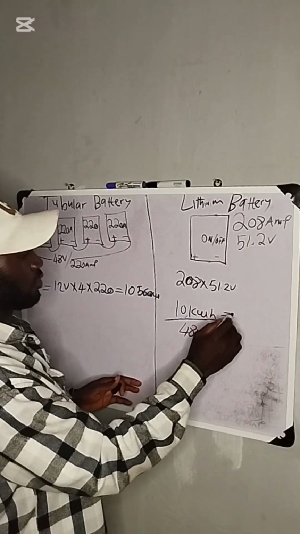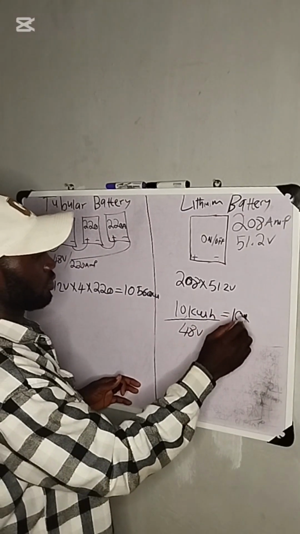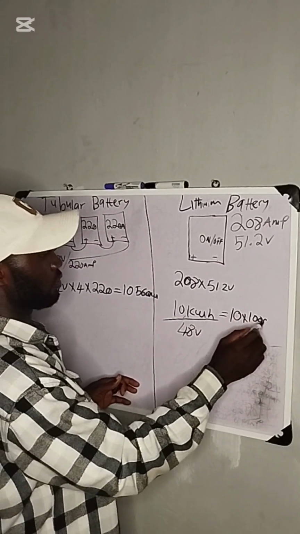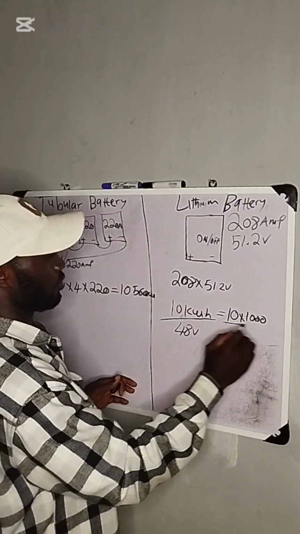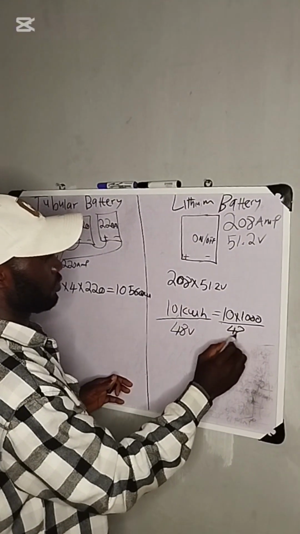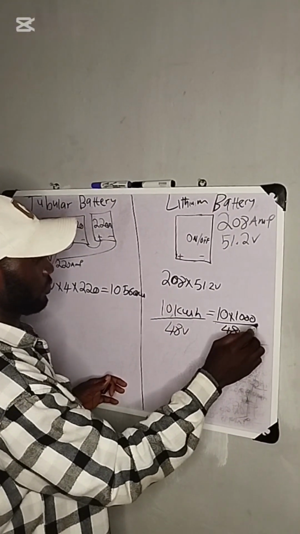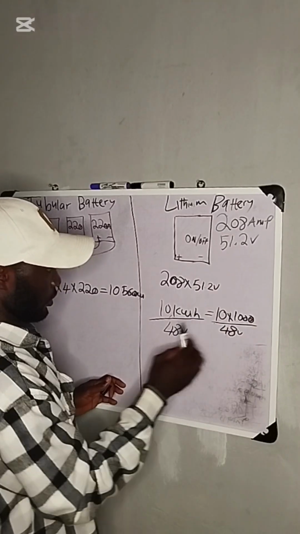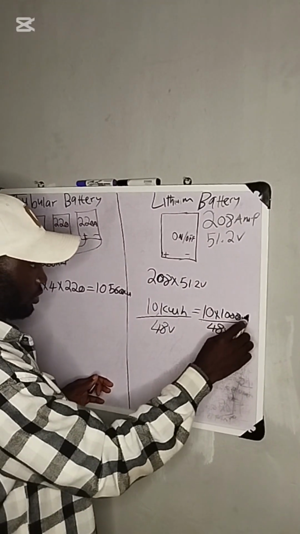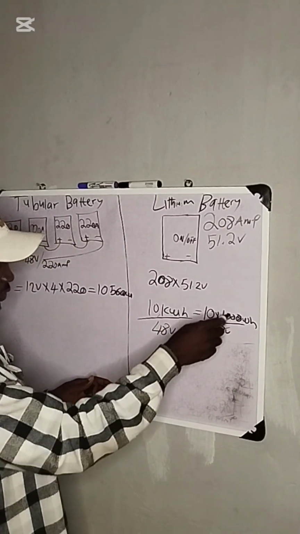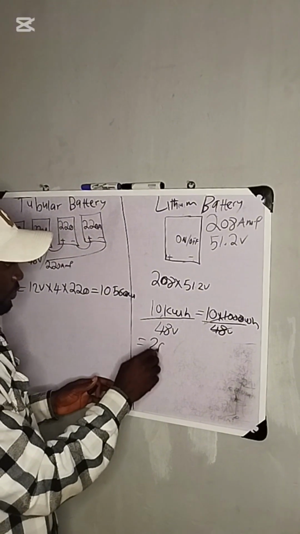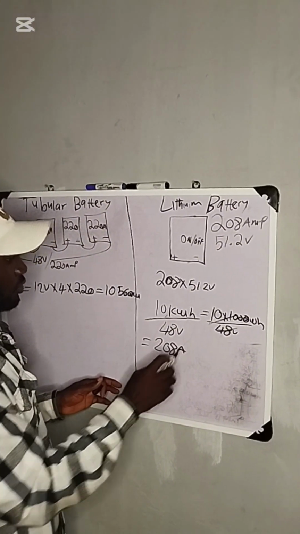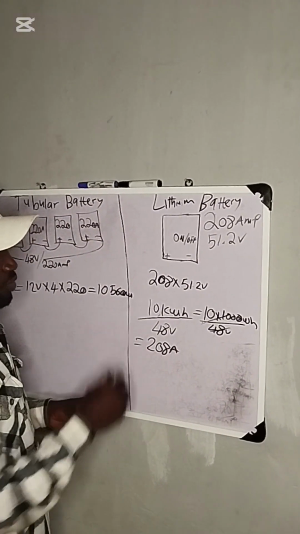So this will now give us 10 times 1,000 over 48 volts. After everything, we get 208 amp. So that's how we get this amperage.